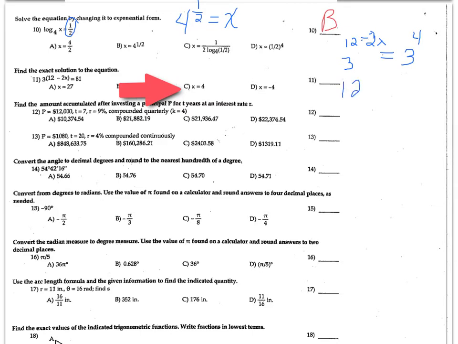So it's going to be 12 minus 2x equals 4. And then when you solve for x, negative 2x equals what? Negative 8, yeah, right? And then when you divide by negative 2, that gives you the 4. So it's just equal to 4.